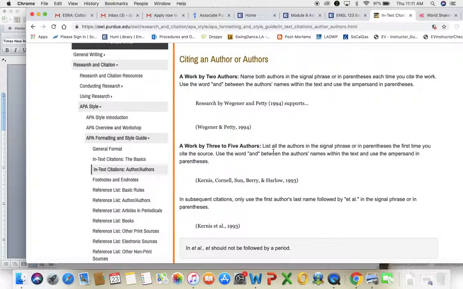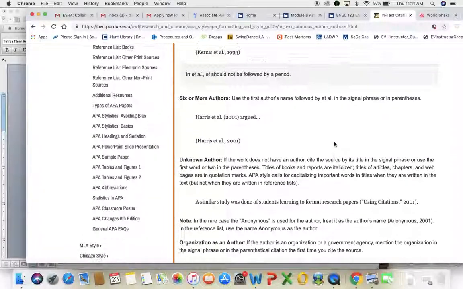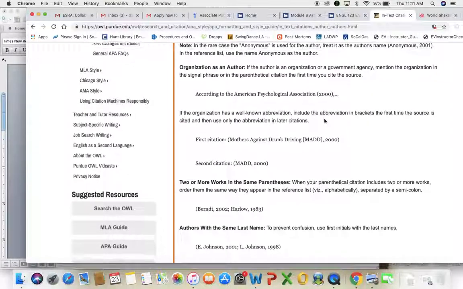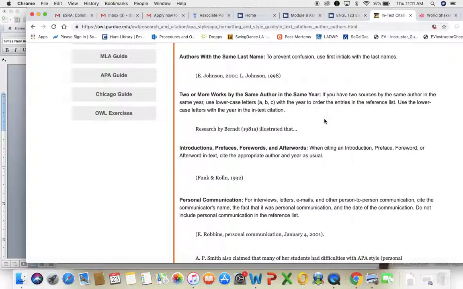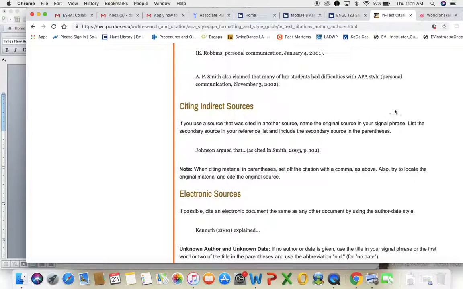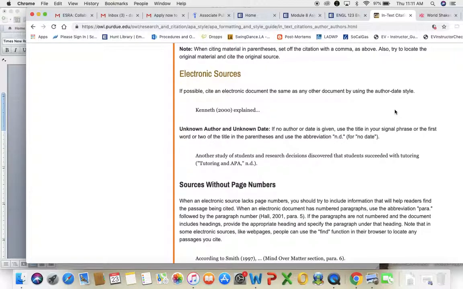But here, it says here's how you do it when you have an author, if you have this many authors. And I'm trying to find the one where it says, that's not that, that's not that. Here we go.